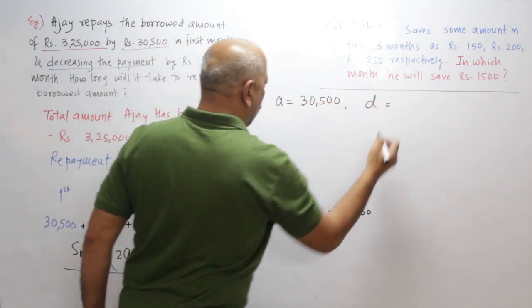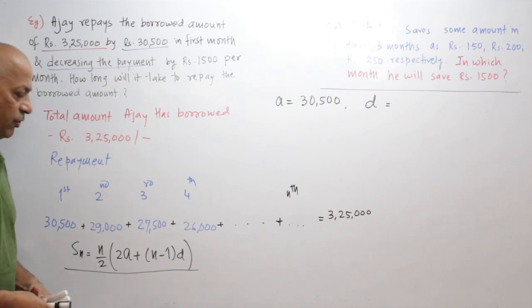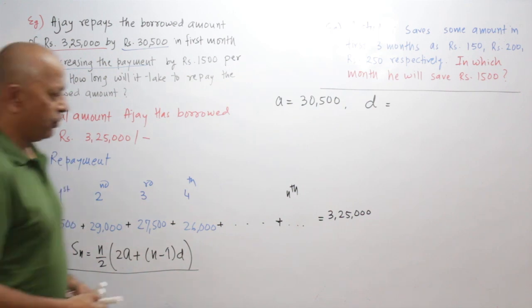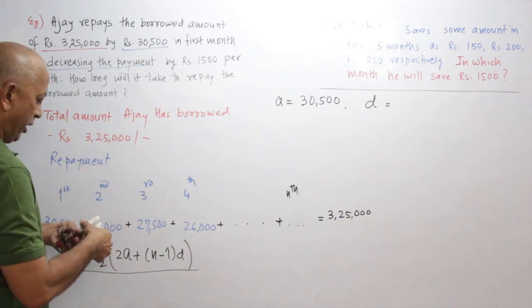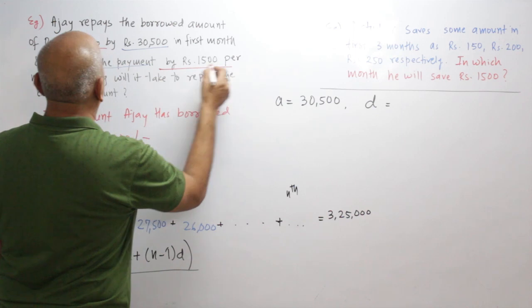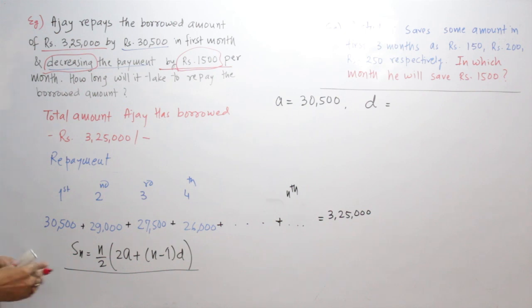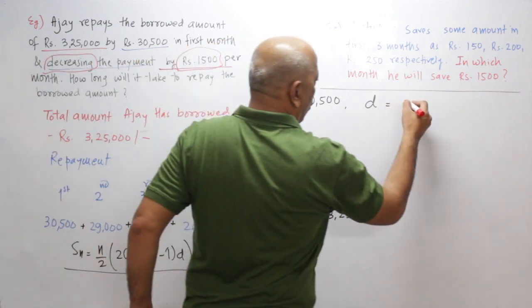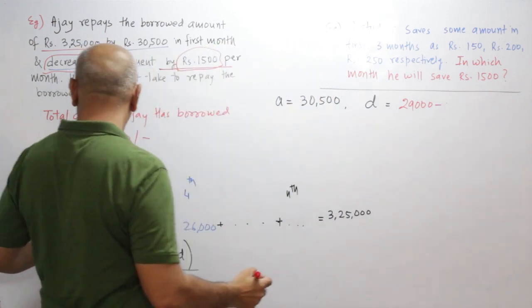Then D is the common difference. Here you should remember D is the common difference: the next term minus first term. It's 30,500.